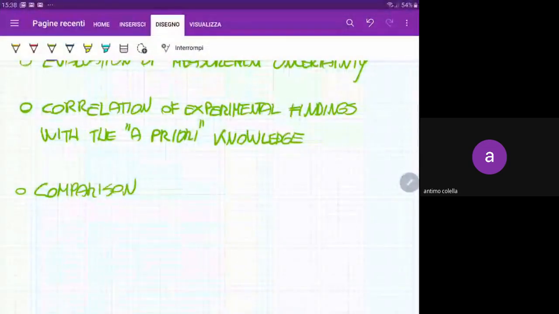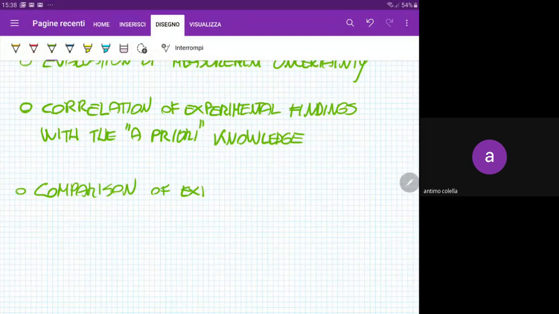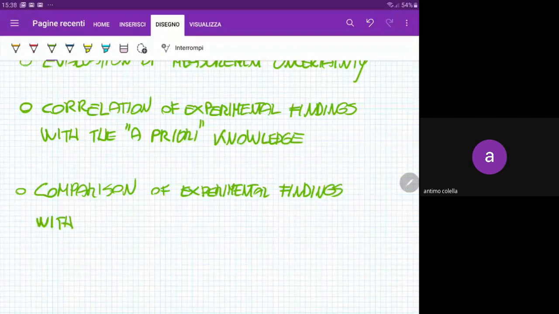of your experimental findings with reference data. Okay, and that is important. What are reference data?